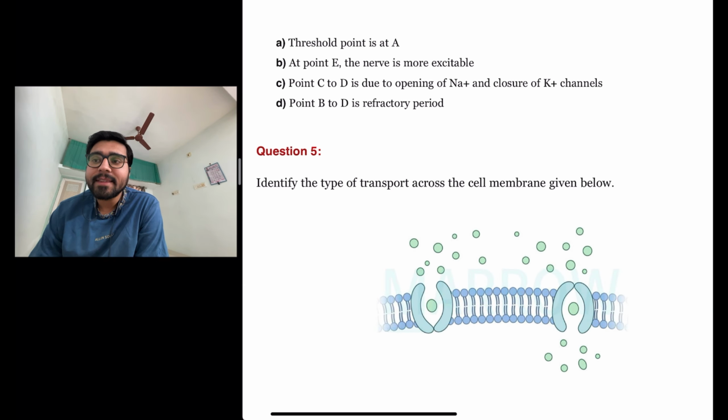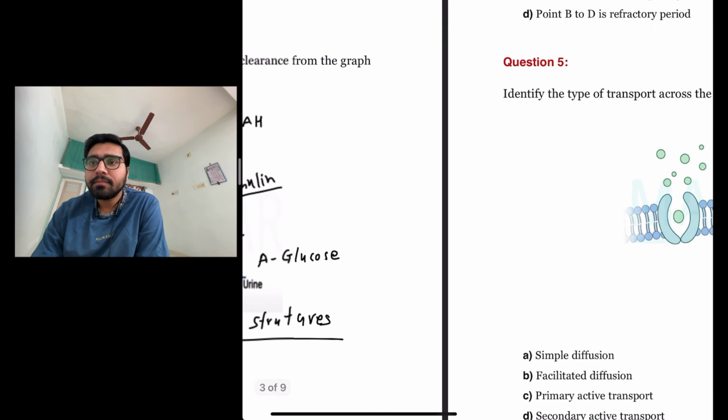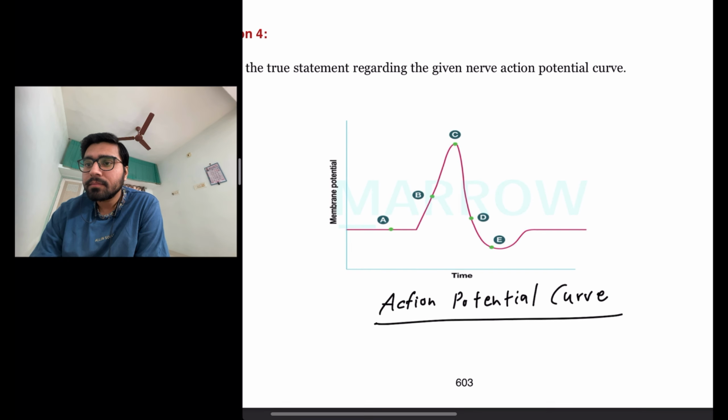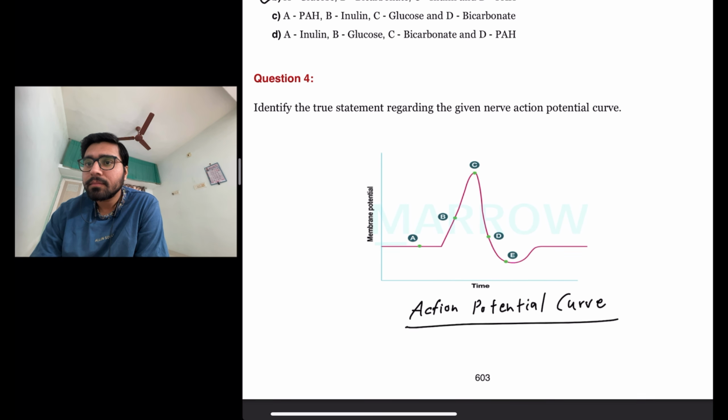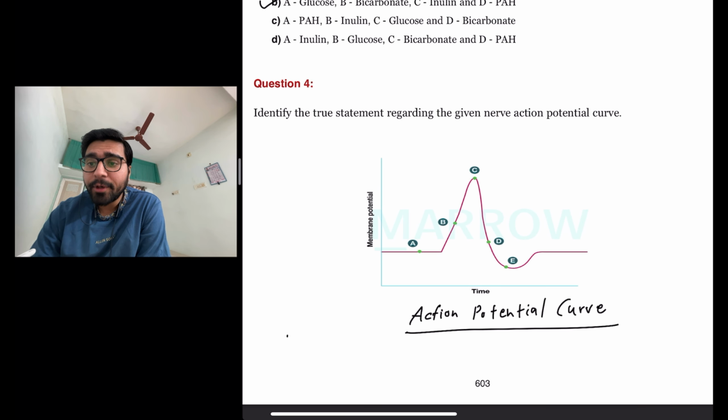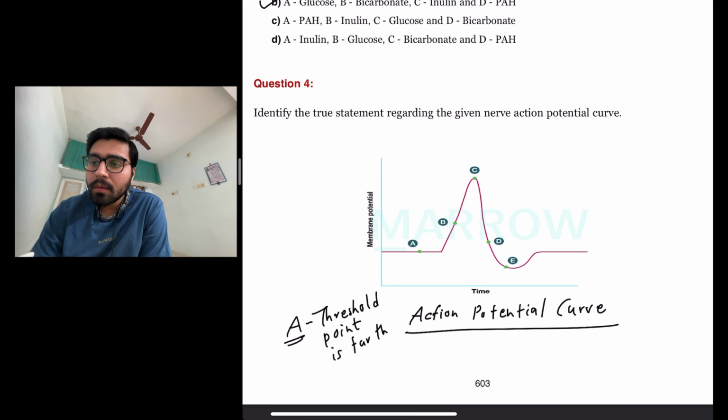Threshold point is at A. A is not the threshold point here. Threshold point is further to the A point, which is situated at this junction.